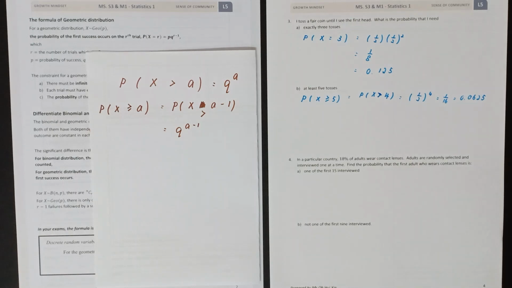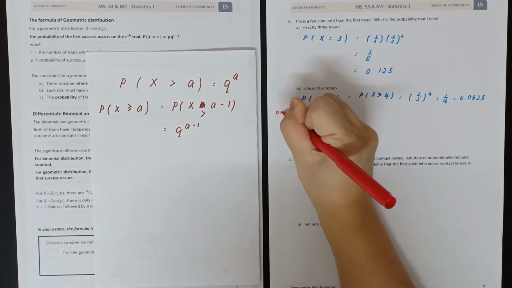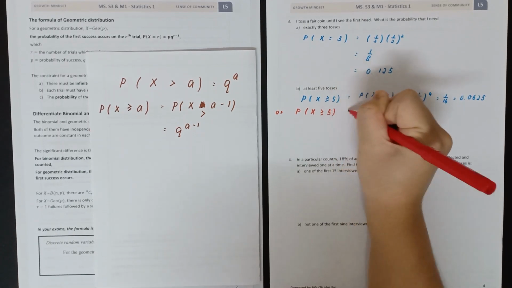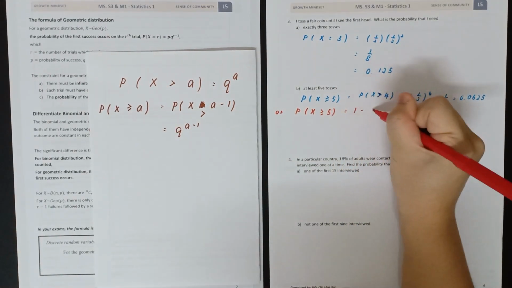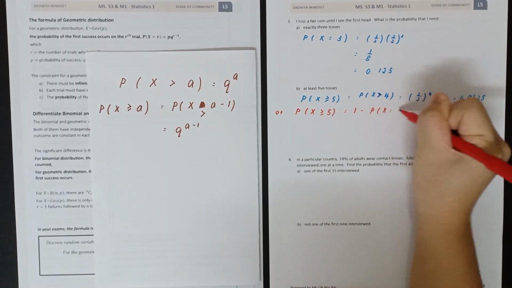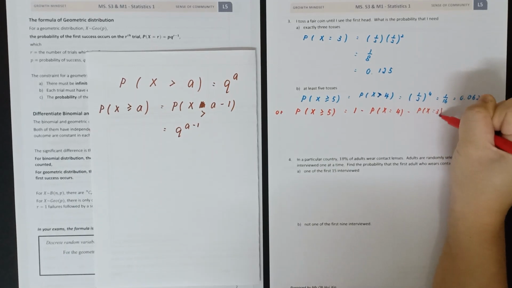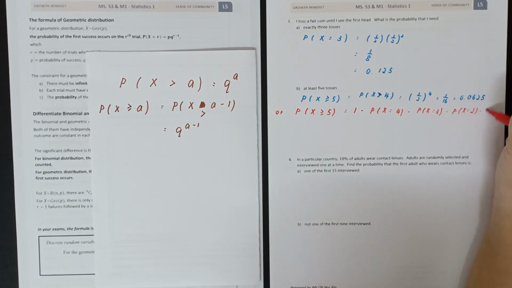Alright, so now can I try to do this question in another way? Yes, you can. The other way, the long one, will be the probability x greater than or equal to 5 equals, since you don't want greater than or equal to 5, you use 1 minus x equals 4, x equals 3, x equals 2, and then x equals 1. Okay, the smallest one is x equals 1.